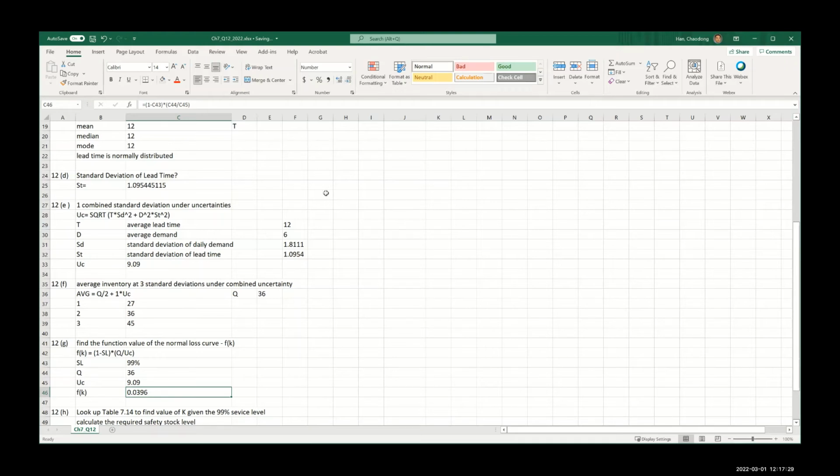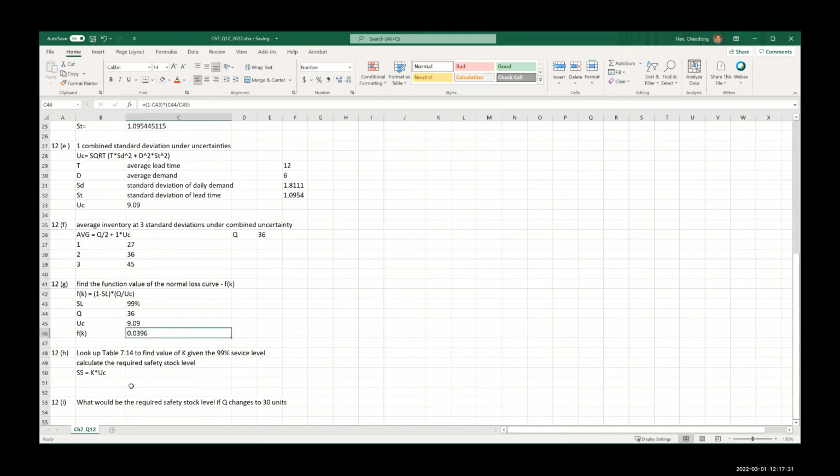Then we need to look up question H. Look up table 7.14 to find the value of K. Okay, so K, it's easy. Given Fk, it's 0.0396. Let's find out Fk.